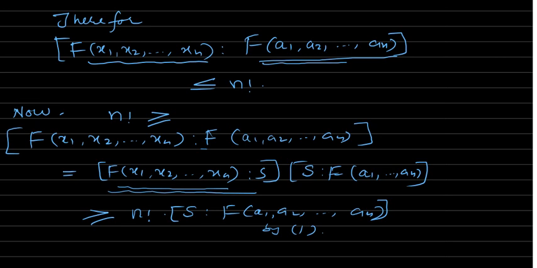So it means that this should be equal to 1, the degree of S over F(a1, a2, ..., an). Because if it is, suppose, 2, then n factorial is greater than or equal to n factorial times 2. Cancelling n factorial, you would get 1 greater than or equal to 2.